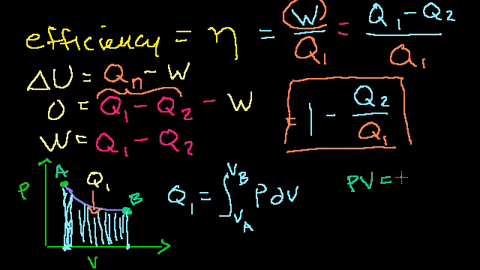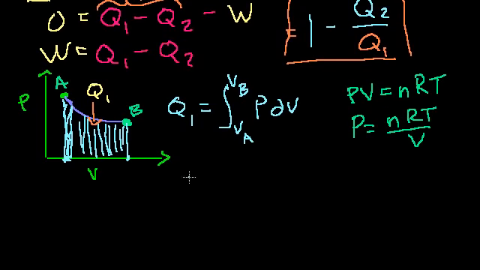PV is equal to nRT. Divide both sides by V, and you get P is equal to nRT over V. And so Q1 is equal to the integral from VA to VB of nRT over V dV.